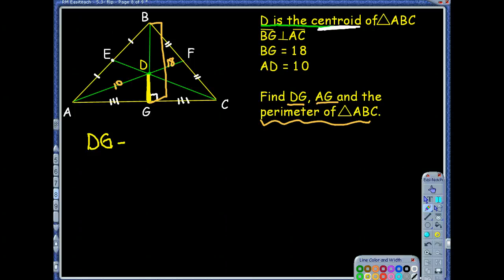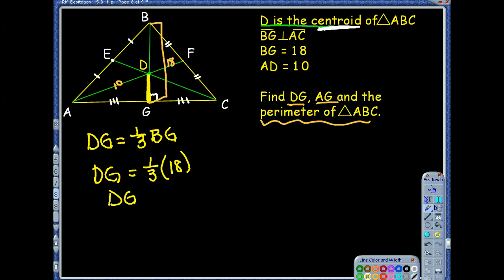BG is 18, so DG is a third of 18, or dividing by 3. So DG is 6. I like that she labeled it back in the picture because sometimes when you find something, it could come in handy. So that's one piece.